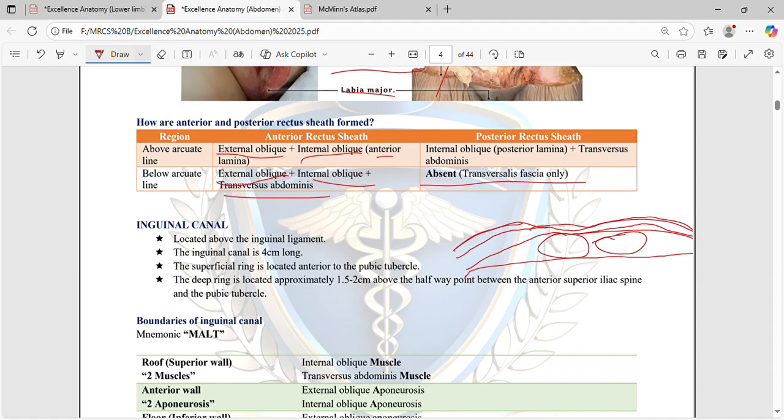Posteriorly we have the 6th and 7th ribs, costal cartilages and the xiphoid process, and only anteriorly we have the external oblique muscle sheath.